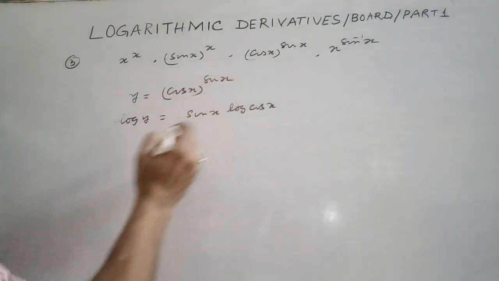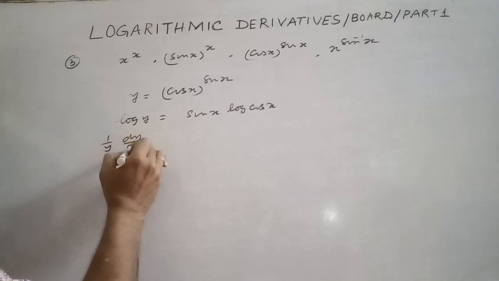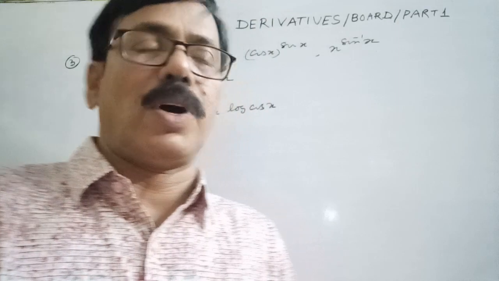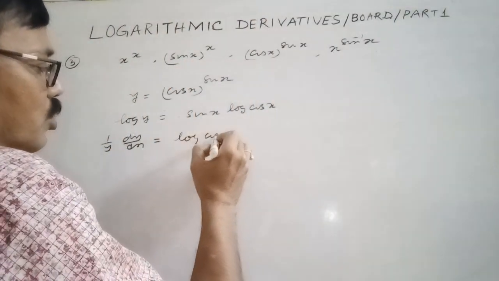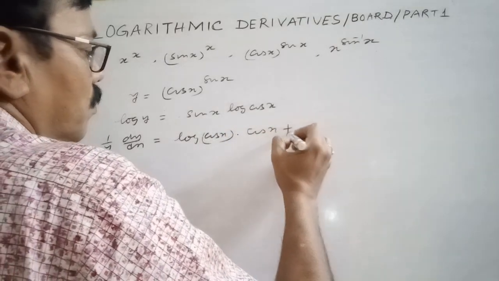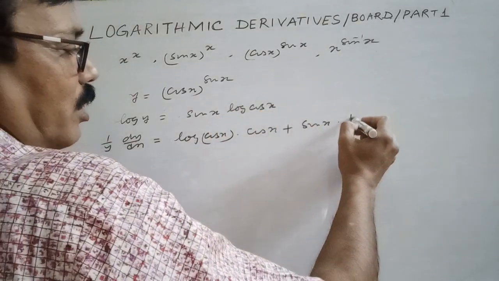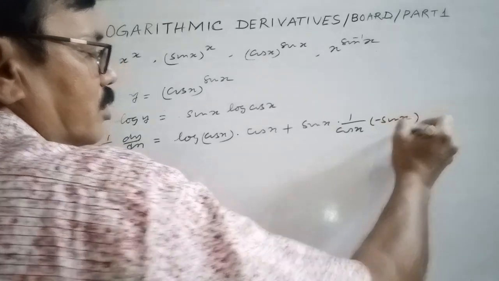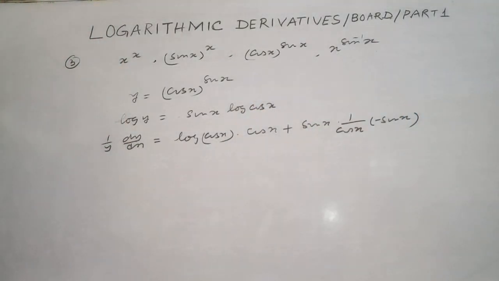Sin x comes forward. So 1 by y dy by dx, differentiating both sides. If you take log on both sides, then you have to perform the product rule. Log cos x unchanged, derivative of sin x is cos x, plus sin x unchanged, derivative of log cos x is 1 by cos x into derivative of cos x, which is minus sin x.